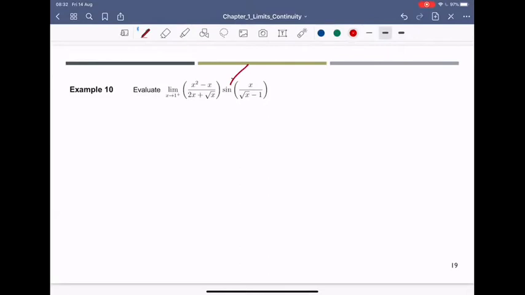So keep in mind that if you see the sine and cosine functions, they lead us to the Squeeze Theorem technique.